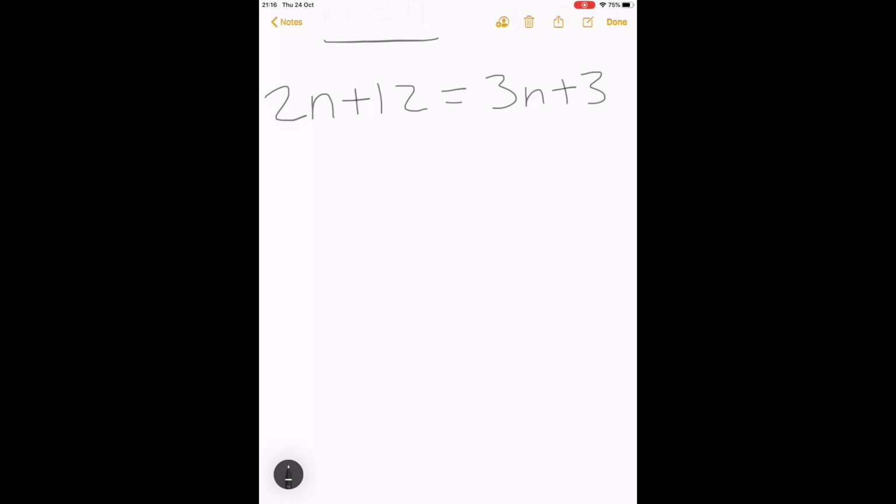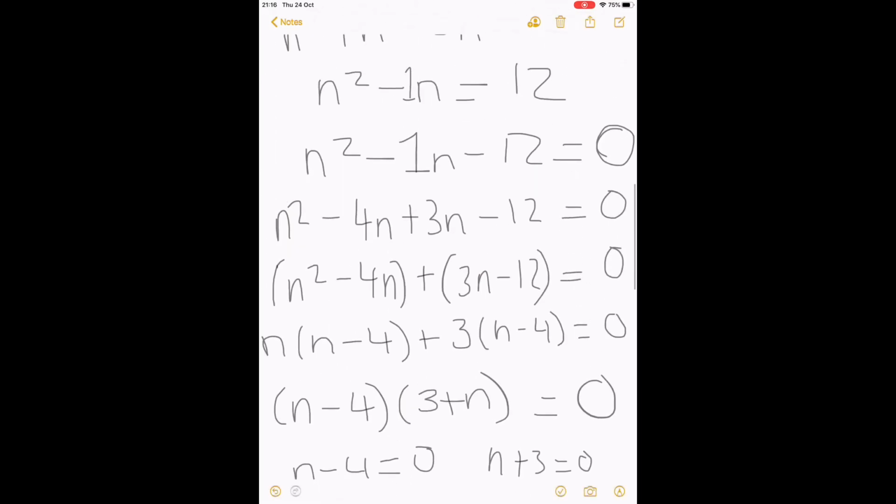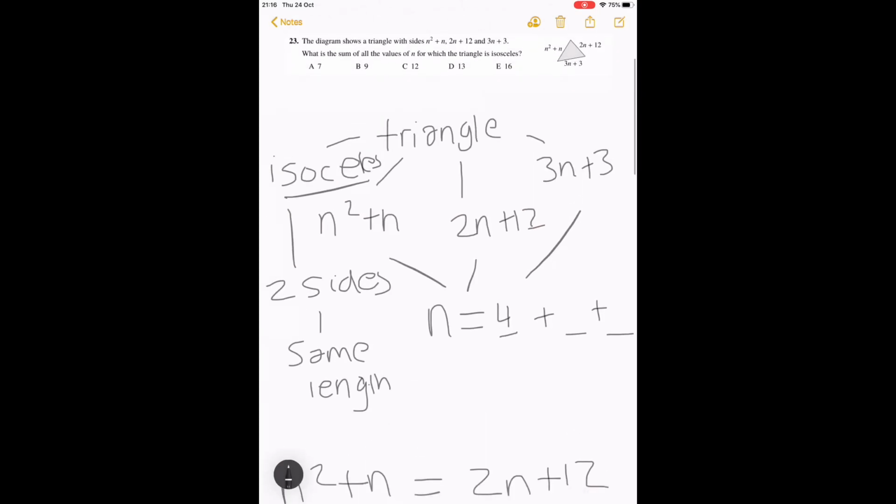We can put 3n onto the other side, so we can say 12 equals n plus 3. Then n would equal 12 minus 3, which equals 9. So n would equal 9. That would be our second possible value of n.